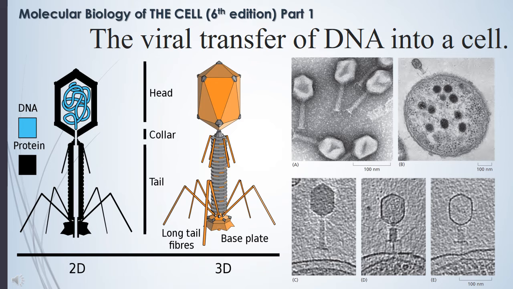So in this case, on the left, we have a general image of a bacteriophage. Yes, it looks scary, but the good news is that this virus infects only bacteria. So this virus is composed of a head, a collar, and a tail, and some adapter proteins that allow interaction of this particular virus with a bacteria.